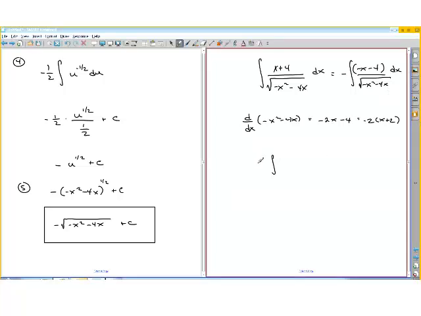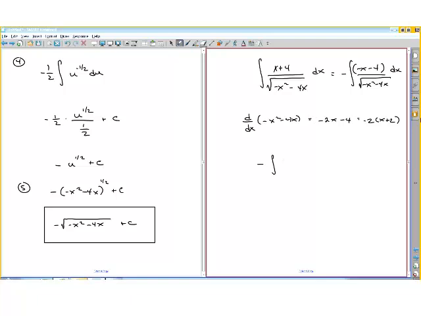Okay, so let me do this again. So that's negative, and we have negative x. So if I want to keep this, but I want to get this as my derivative, what am I doing here?